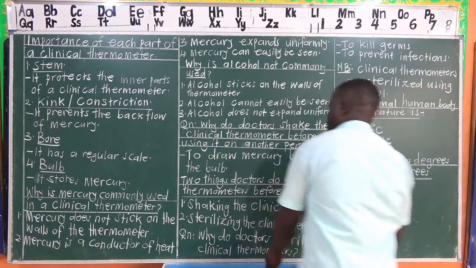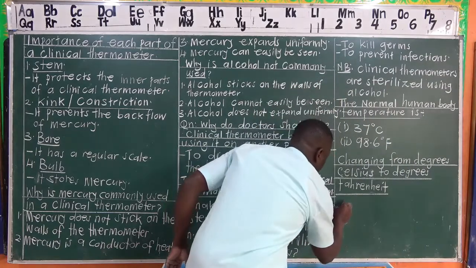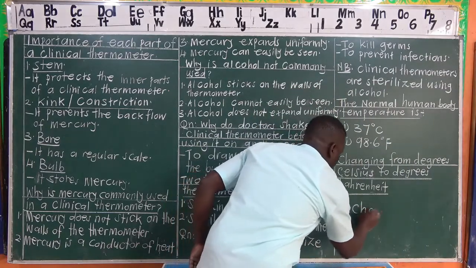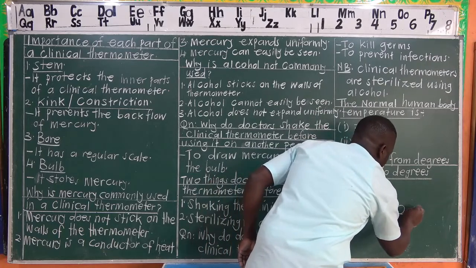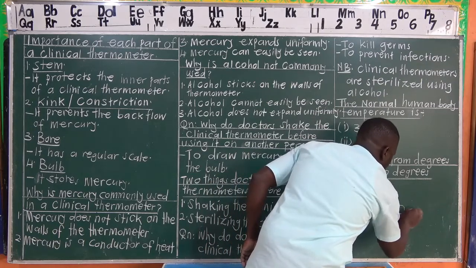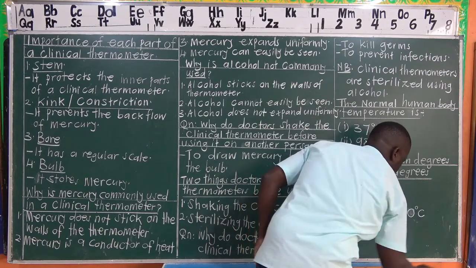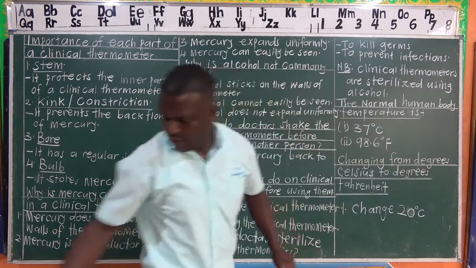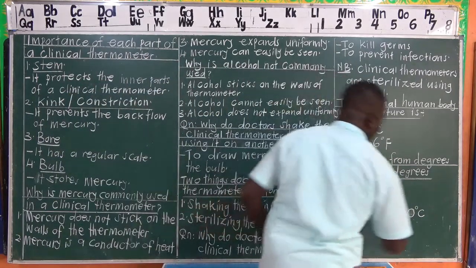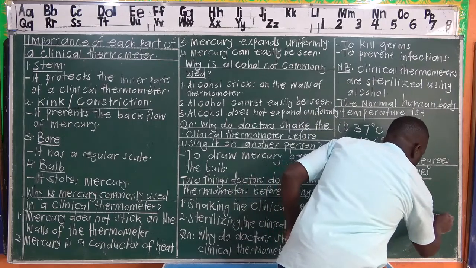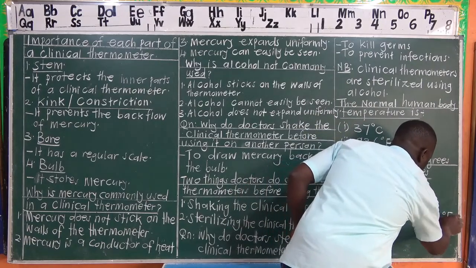For example, number 1: change 20 degrees Celsius to degrees Fahrenheit.